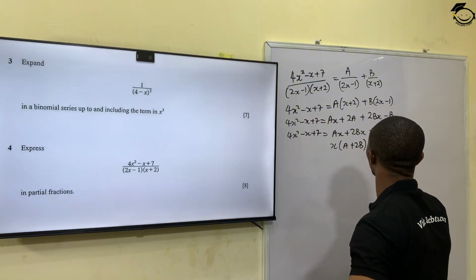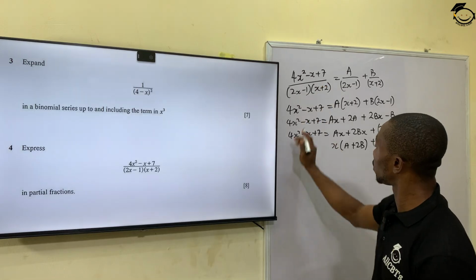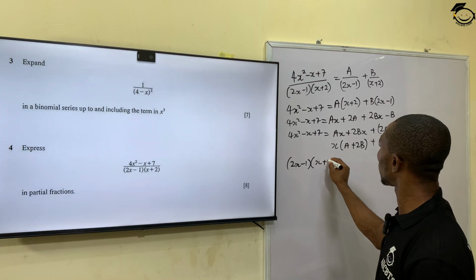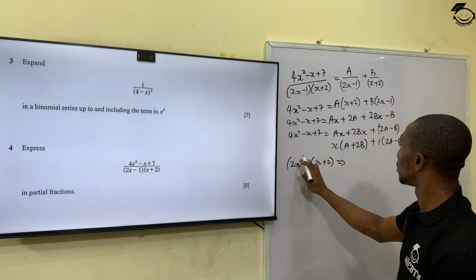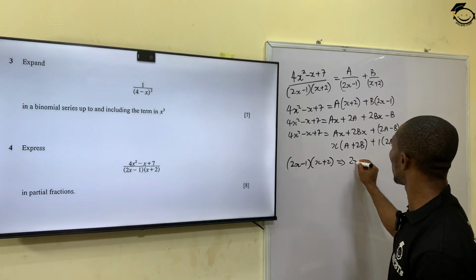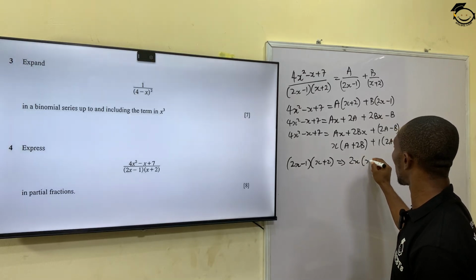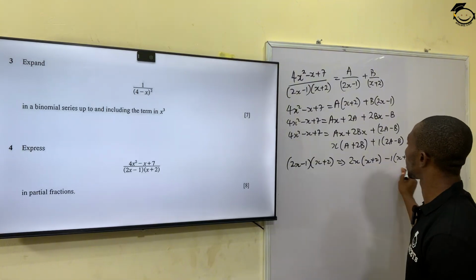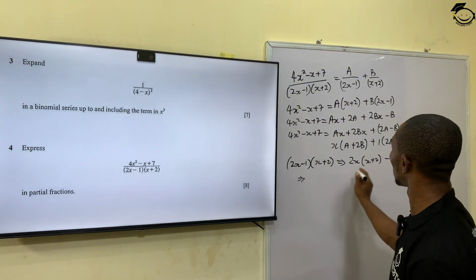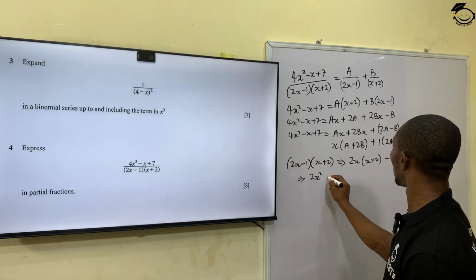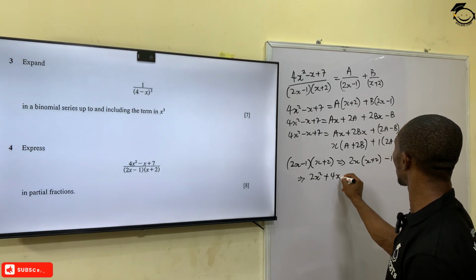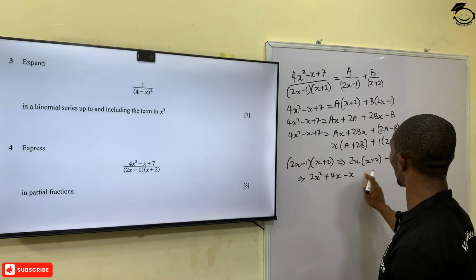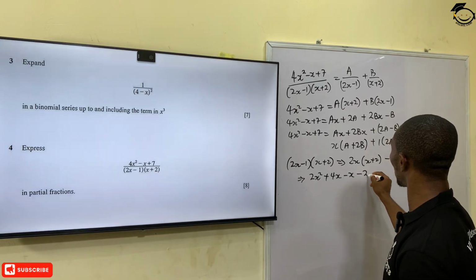So from here, we expand the denominator, 2x minus 1, x plus 2. Now this will give us 2x bracket x plus 2 minus 1 bracket x plus 2. Now expanding this, we will be having it as 2x squared plus 4x minus x plus, minus times minus, minus times plus minus 2 times 1, 2.